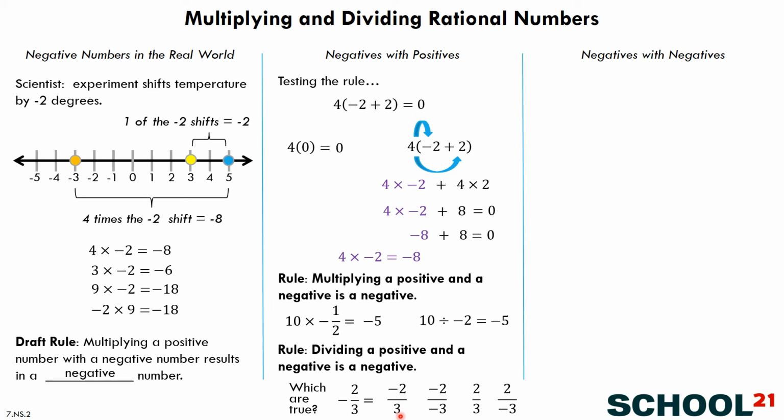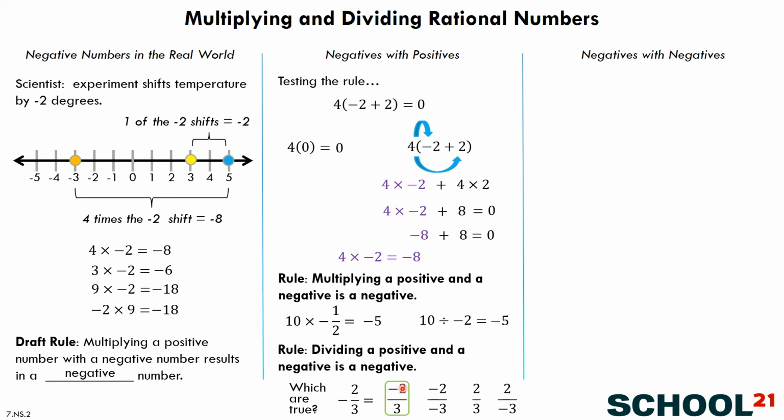No. It would be the second one. Okay, well here we have a negative and negative, which we're going to prove over here. But if you divide a negative and a positive, will it be positive or negative? Negative, so it would equal negative 2/3, right? Yeah. Okay, so this first one is true.